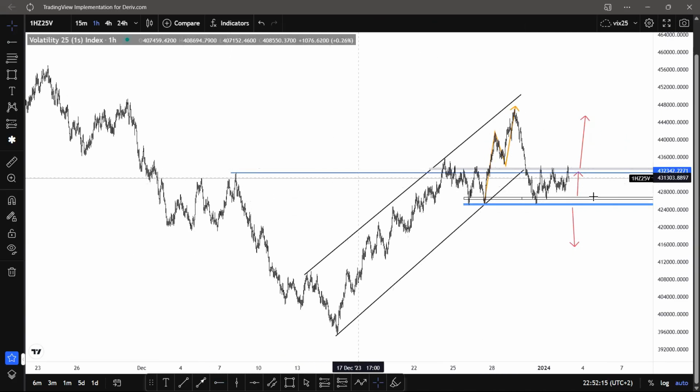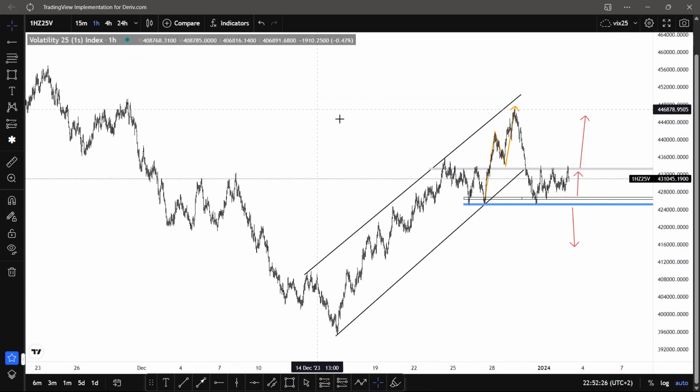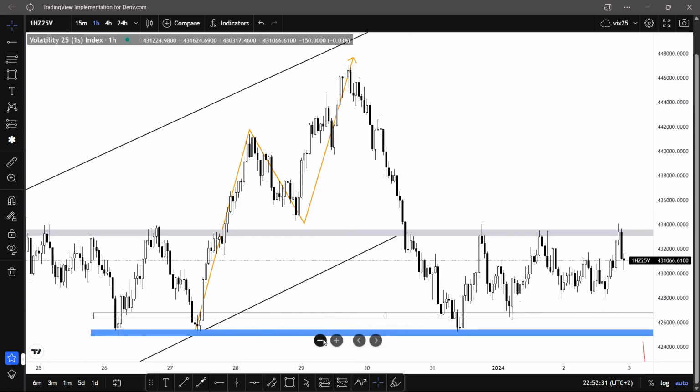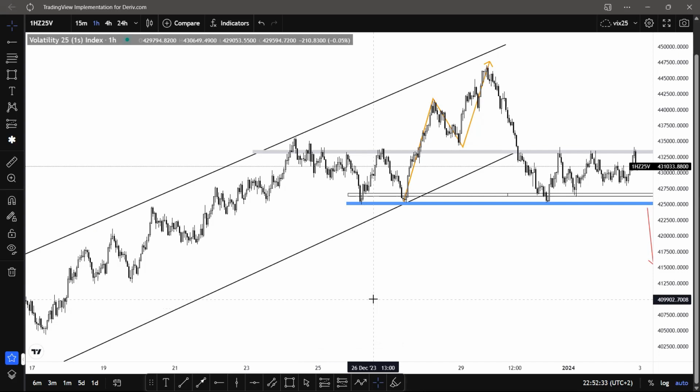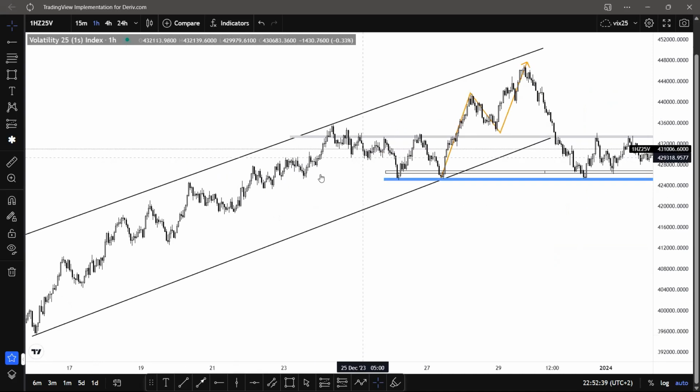So it means on the bigger time frames, the structure is still very much bearish, but here on the smaller time frames, the structure is currently in a pullback manner. All right, but because I don't want to confuse anybody, just call this what it is. The structure right now is bullish.